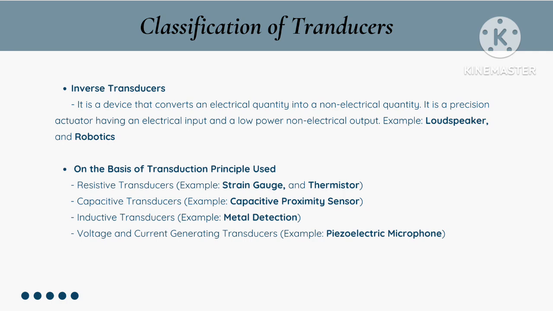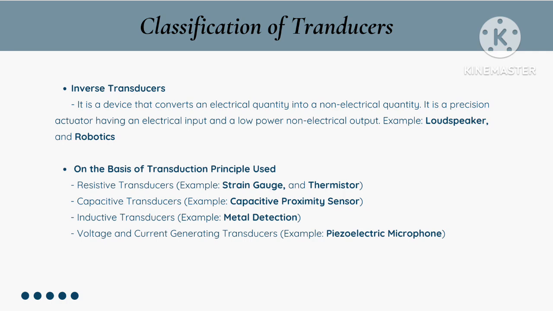The next is capacitive transducers. So it works by measuring changes in capacitance, which is the ability of a system to store an electrical charge. So ang capacitance, it depends on factors like the distance between two conductive plates, the area of the plates, and the material between them.